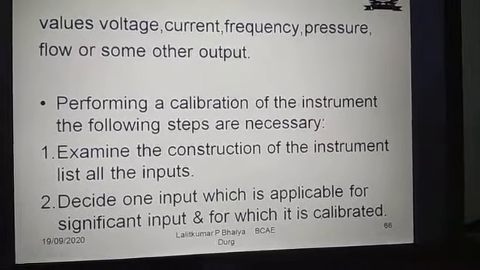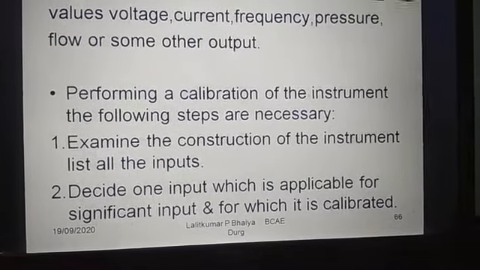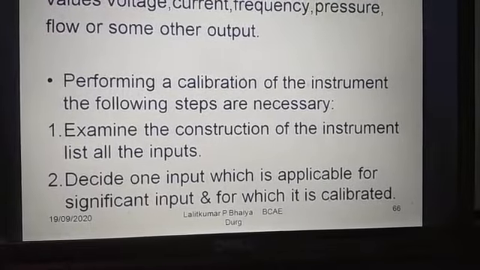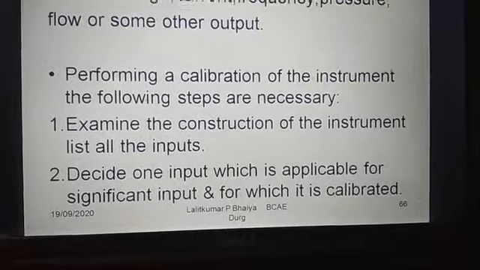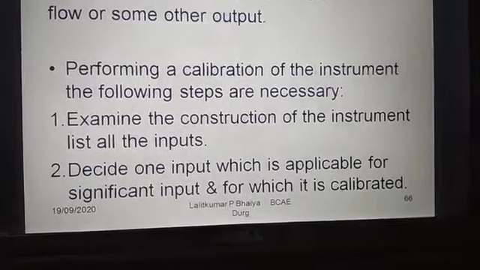To perform a calibration of the instrument, the following steps are necessary. While doing calibration, we must, number one, examine the construction of the instrument and list all the inputs.